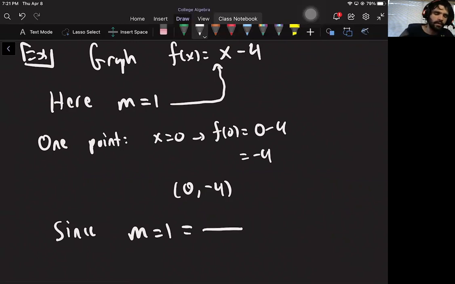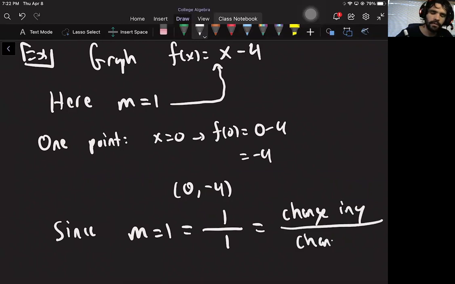So let's think about it instead of as 1. What is this 1 the same as? 1 is the same as 1 divided by 1. So we're going to think about it like that. And then we can go back to thinking about it as a change in y over change in x.